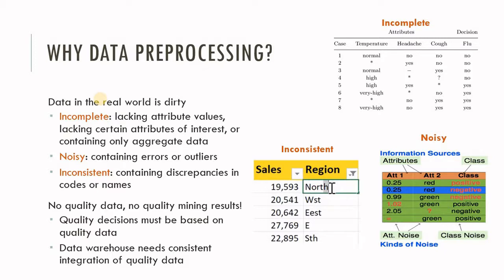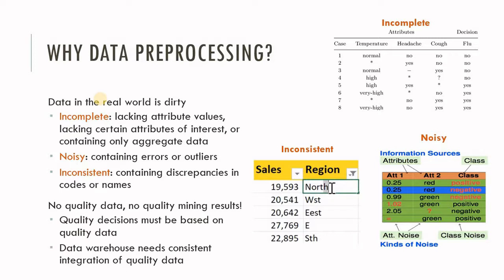Before data pre-processing, almost 70% of your time goes on preparing your data set. With the help of data pre-processing techniques, you can easily pre-process your data and perform your task easily. If data is inconsistent, noisy, or incomplete, then there is no quality of data, and so no quality mining results.